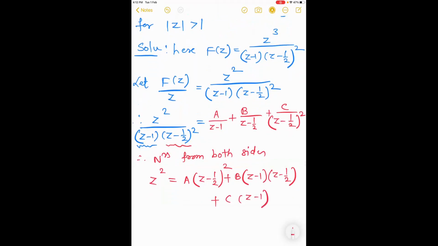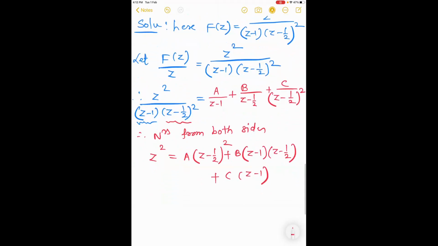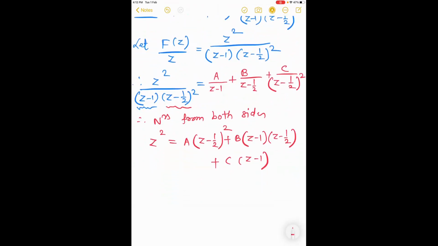The LCM of the denominators is (z minus 1)(z minus half) square, so whichever term is not available in each fraction's denominator is multiplied.